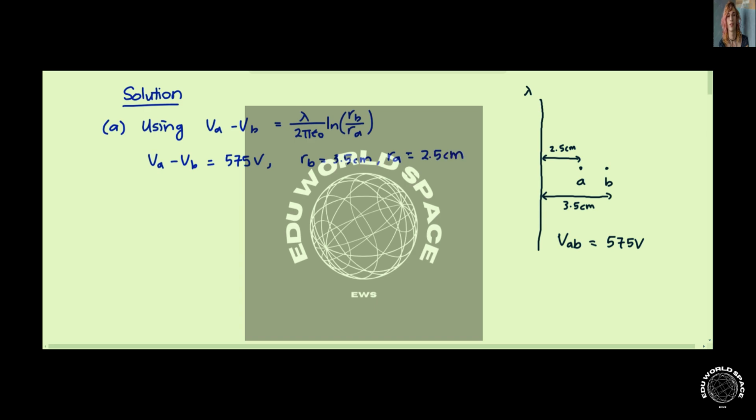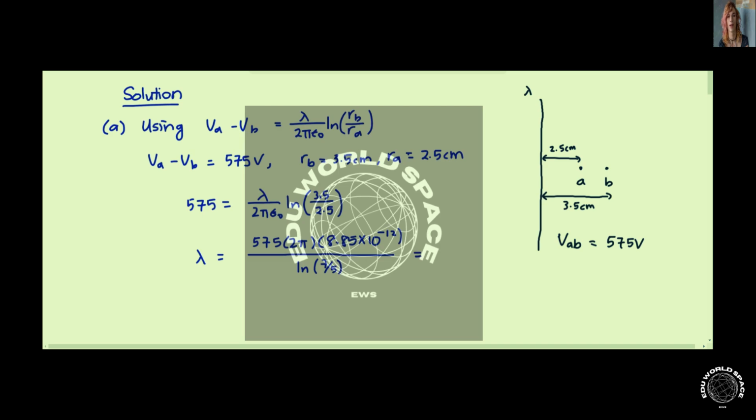We can substitute: 575 equals lambda over 2 pi epsilon naught times natural log of 3.5 divided by 2.5. So lambda is 575 times 2 pi times epsilon naught, which is 8.85 times 10 to the negative 12, divided by natural log of 7 over 5.